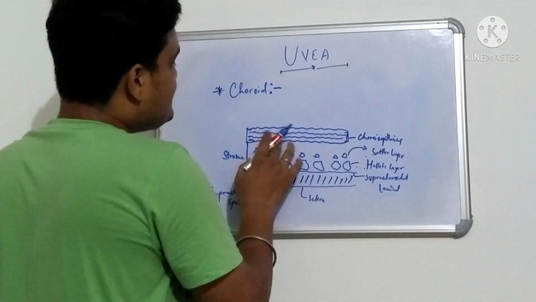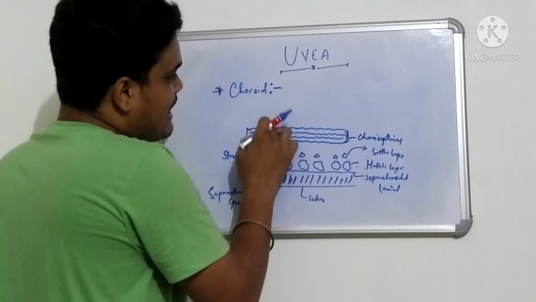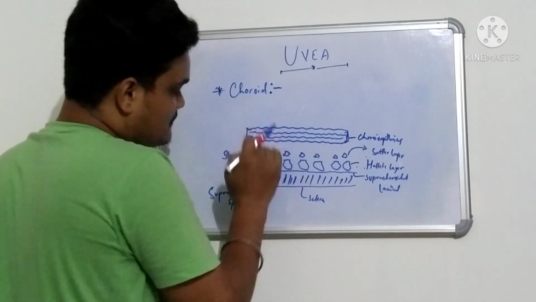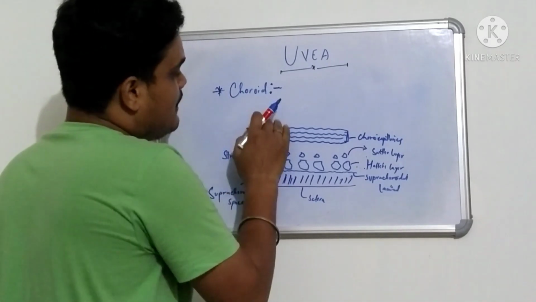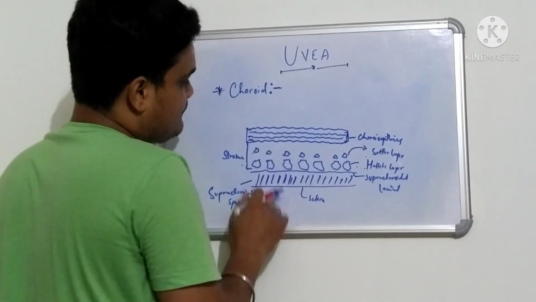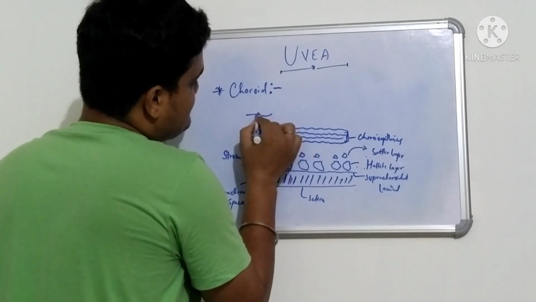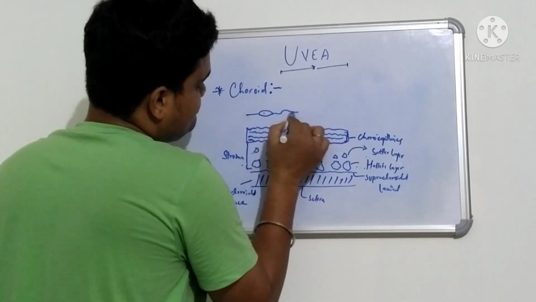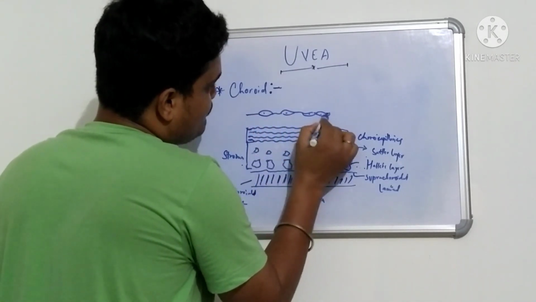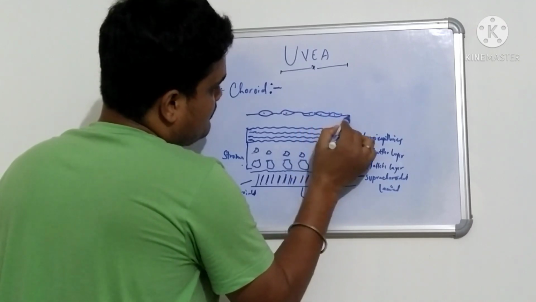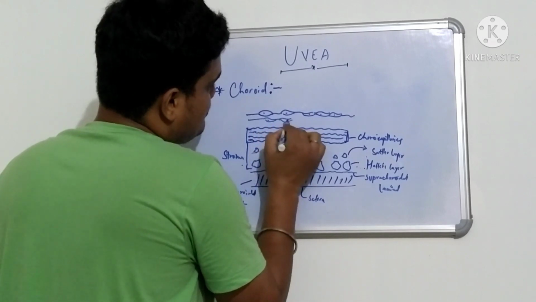Now, one thing which is very important to understand here: after the choriocapillaries, this is sclera, this is choroid, and what after the choroid? Retina. So for example, if the retina is present here, it will have a supply of blood from the choroid.